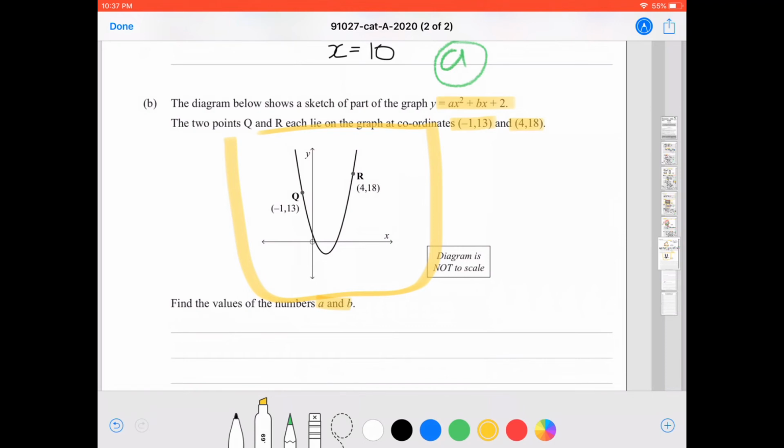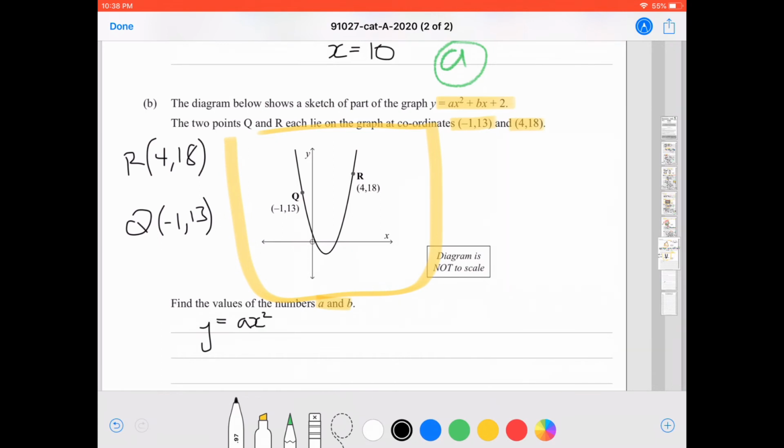Now, how do we go about finding a and b? Well, we have these coordinates, so Q is minus 1, 13, and R is 4, 18, and we know they lie, because it tells us, on the graph y equals ax squared plus bx plus 2.